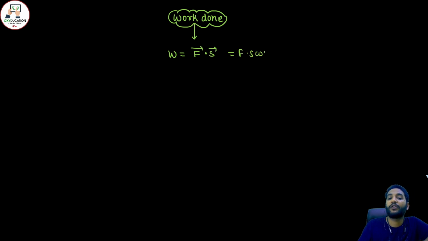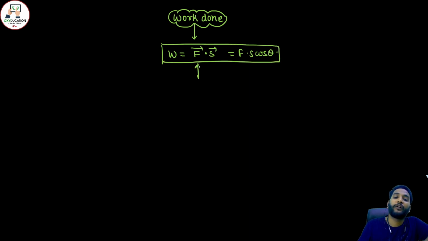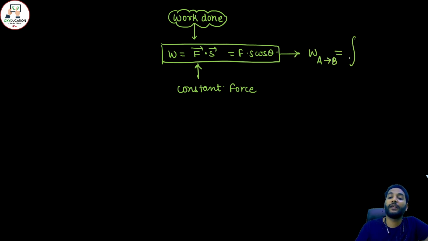The work done. The work is said to be done when there is a force applied on the body. Okay, and the basic formula of work done is nothing but F dot S or Fs cos theta. This work done can be directly applied for the constant forces, while this formula can also be applied for variable forces with some integration, that is F dot dx, from x initial to x final.